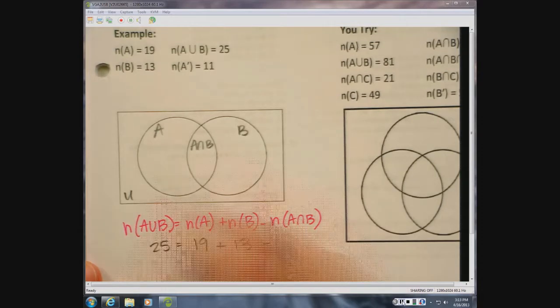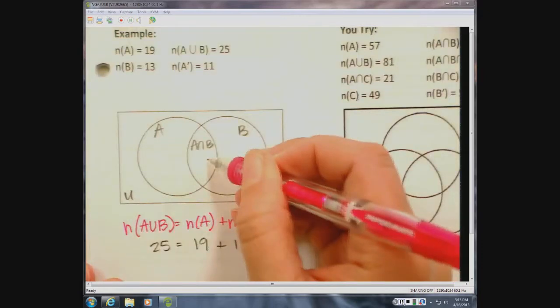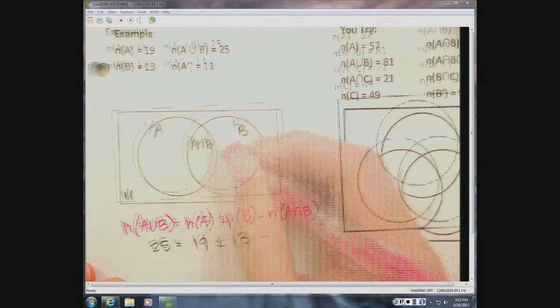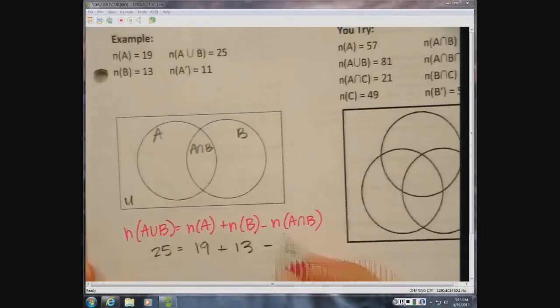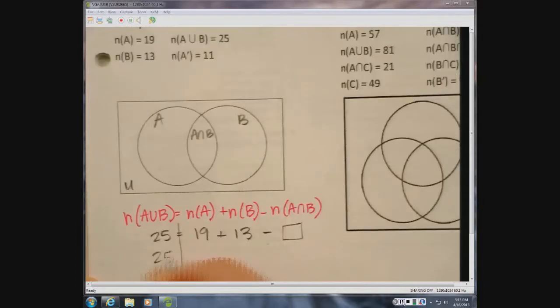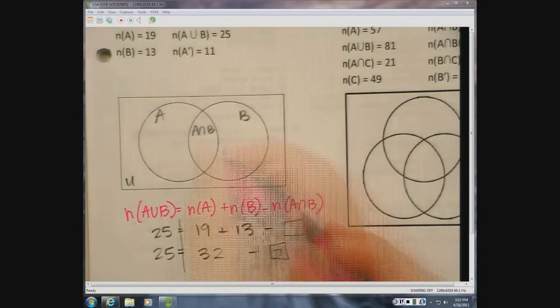But when I'm doing this, typically you want to start off in the most restricted environment, the smallest space, and from there build your way out. I can solve this equation for that missing piece. I have 25 equals 32 minus some number, and this mystery number has to be 7. 32 minus 7 is 25. What that tells me is that I have 7 elements in the intersection.